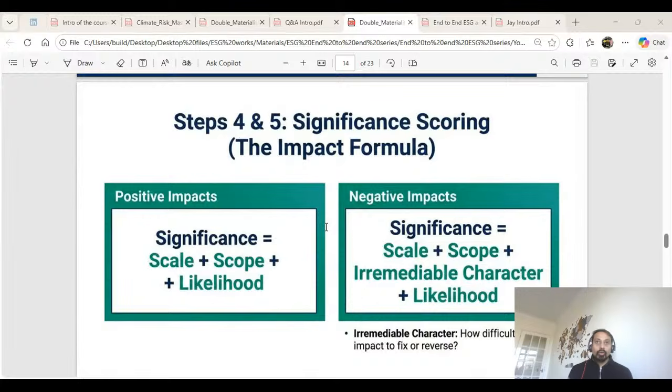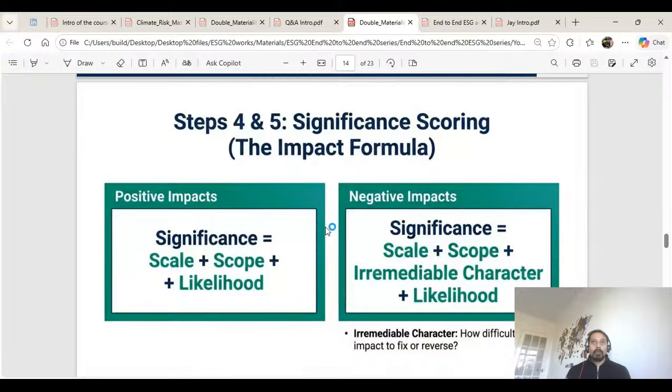So how are we going to do impact scoring and financial scoring? Impact scoring covers the positive impacts. Usually that calculation is done by scale plus scope plus likelihood. Scale can be anything. Scope is what product and service you are covering.